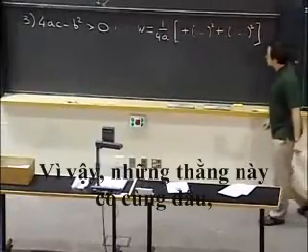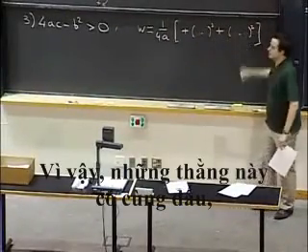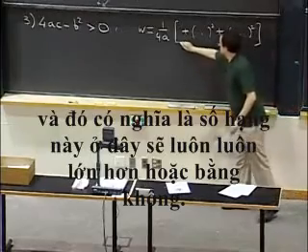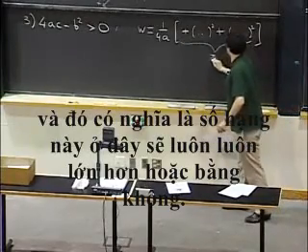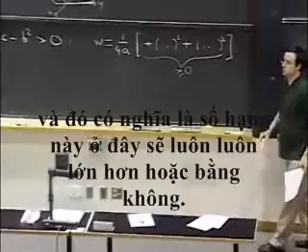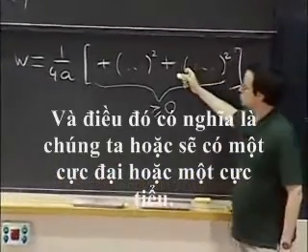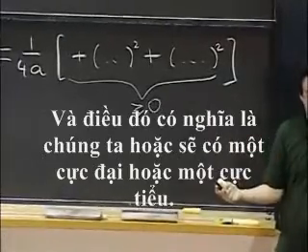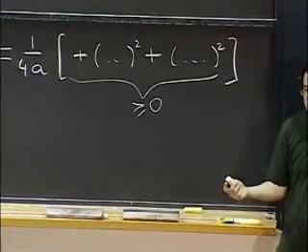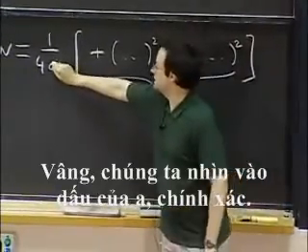So these have the same sign, and that means that this term here will always be greater or equal to 0. And so that means that we should have either a maximum or a minimum. How do we decide which one it is? Well, we look at the sign of a, exactly.